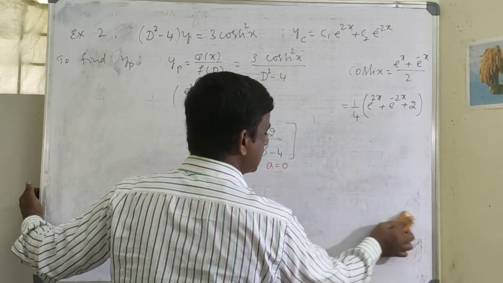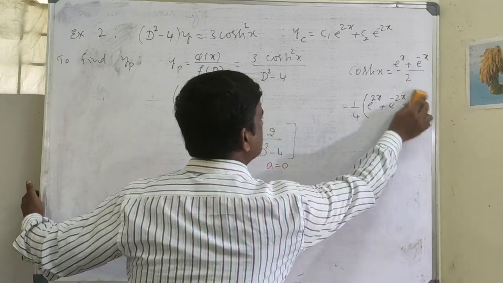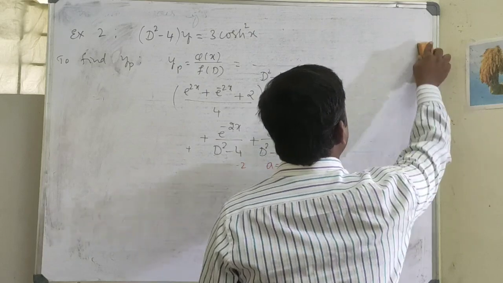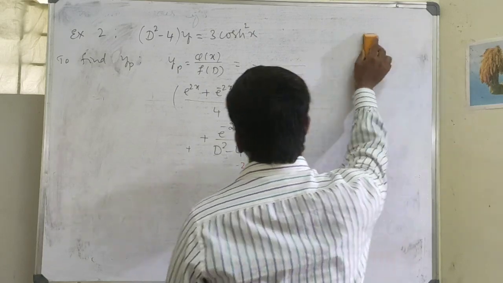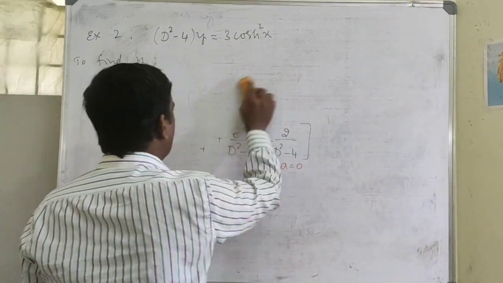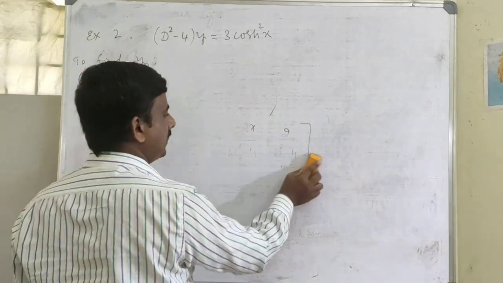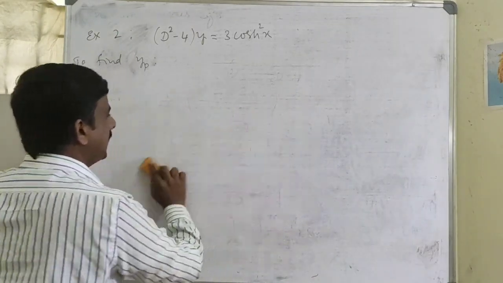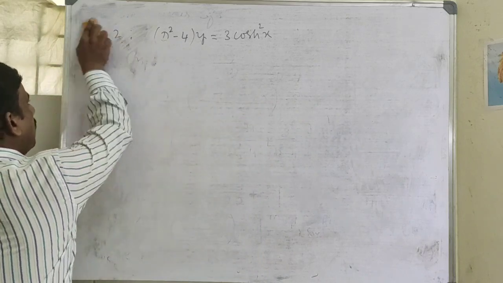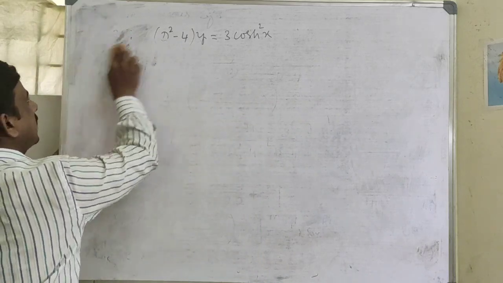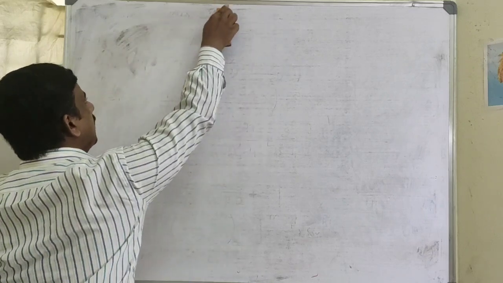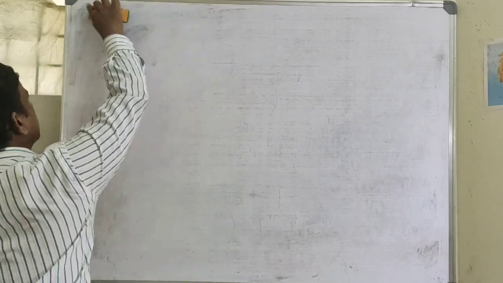Next, we shall discuss the second type of problems. In the second type of problems, we will consider the trigonometric functions sin ax and cos ax. One of the important points to note here is that the method we discussed in type 1 is applicable when the right hand term is either an exponential function or a hyperbolic function.